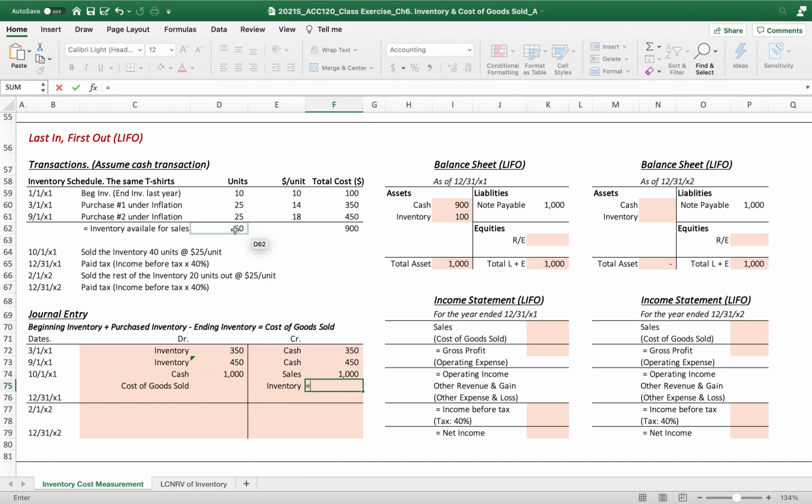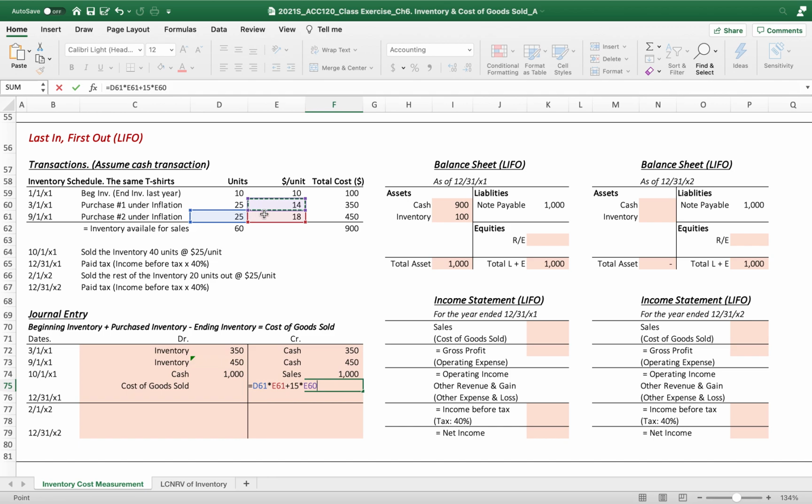Okay, we assume that this cost of goods sold inventory goes out from this 25 times $18 per unit plus, now how many units remaining? You have 15 units, right? 15 times 14 out of the 15, so that we measure these 40 units out. So again, we started counting from the last purchase, last-in, first-out.